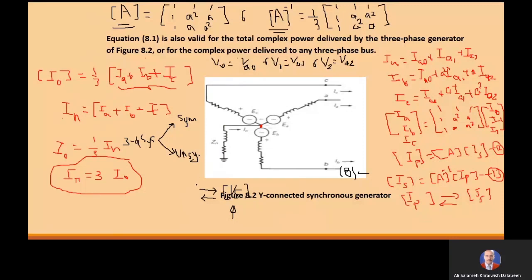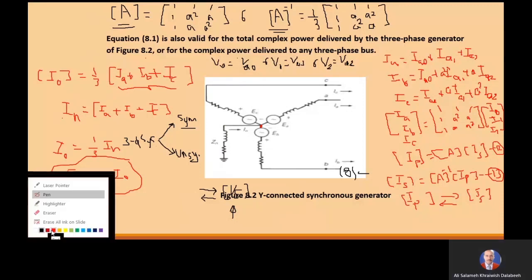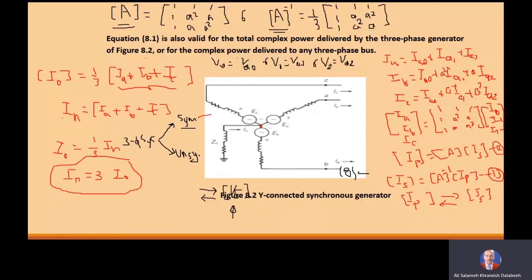If the system is symmetrical, then IA plus IB plus IC is equal to 0. So for the symmetrical system, I naught is equal to 0.